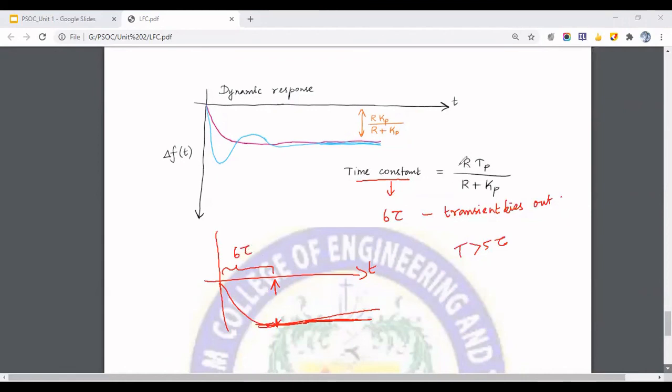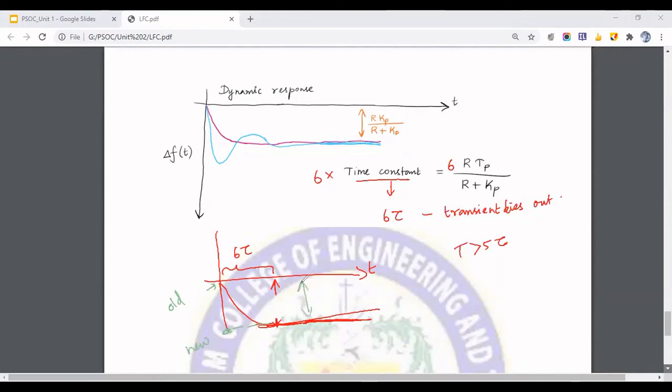So 6 times the time constant, that is 6 RTp divided by R plus Kp, will give the time at which the frequency has changed to a new frequency. So this frequency corresponds to the old frequency, and this value corresponds to the new value of frequency.